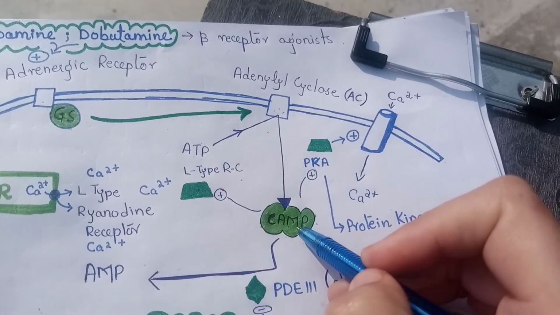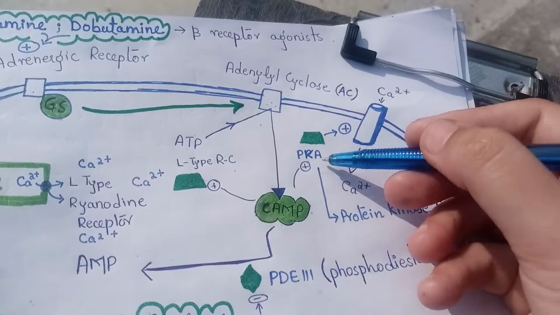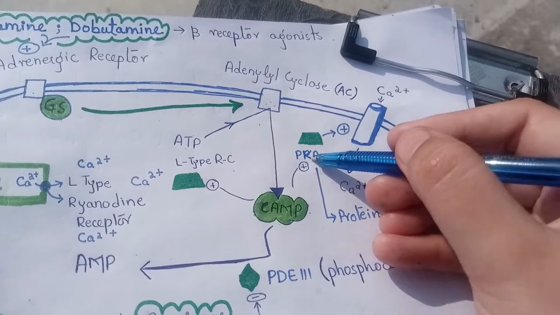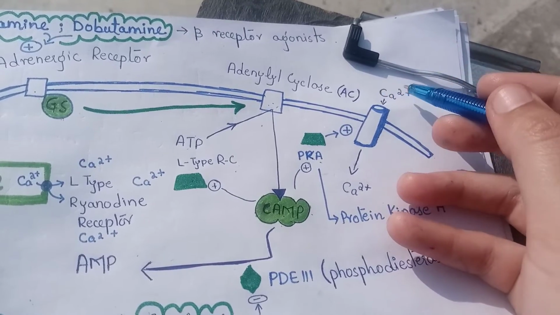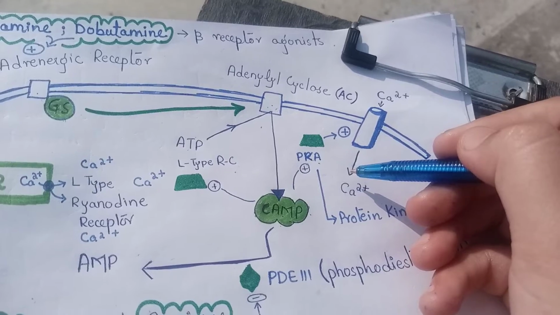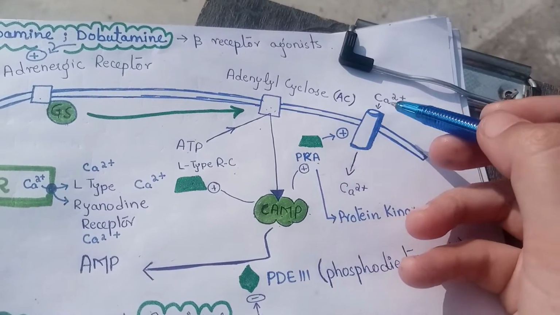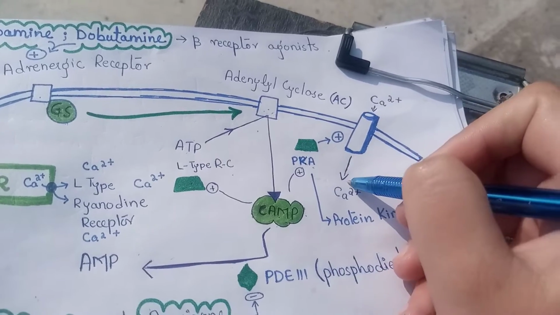Now the cAMP will activate protein kinase A, and what the protein kinase will do is stimulate the entry of calcium from outside to inside the cell.